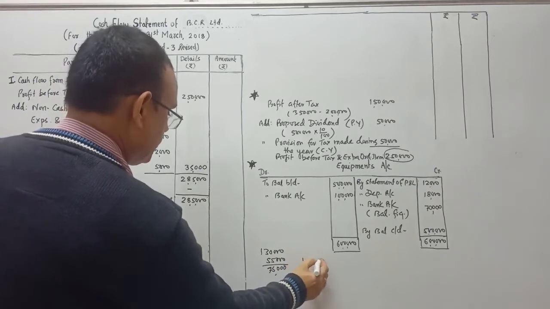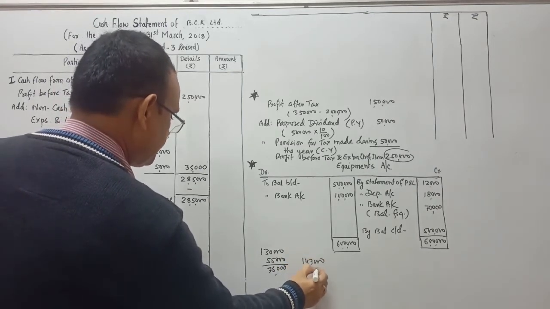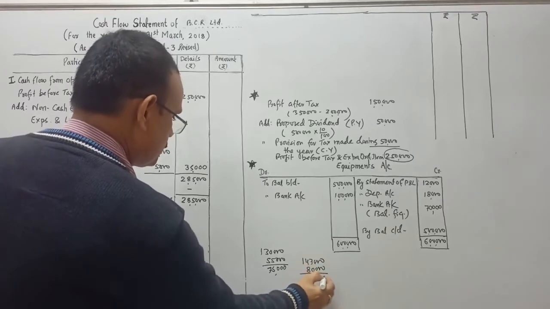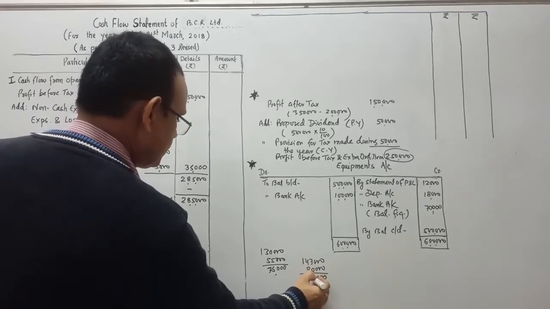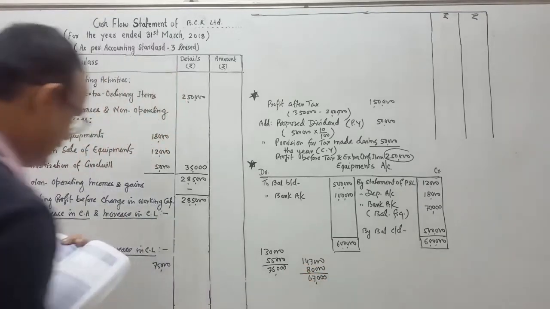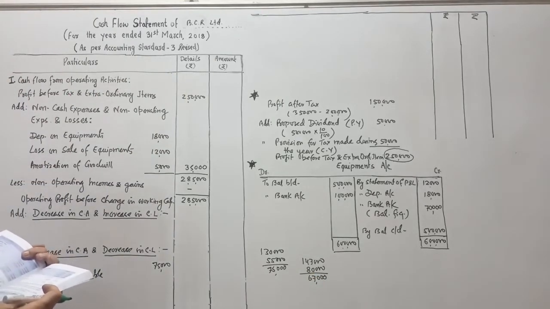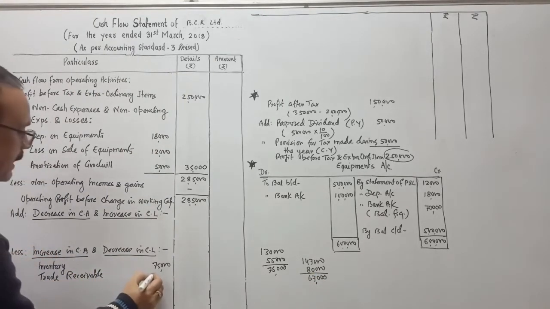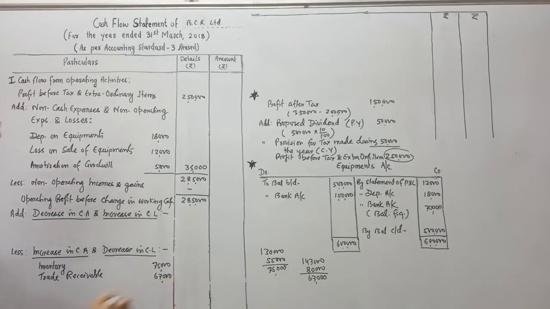So see the difference, 67,000. It is increased by 67,000. Is it clear?